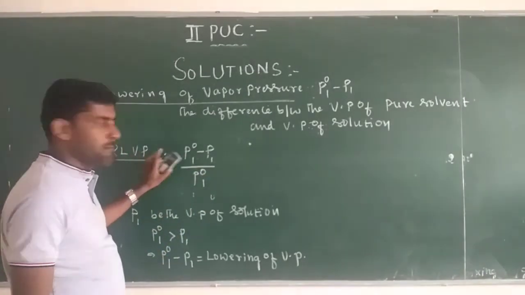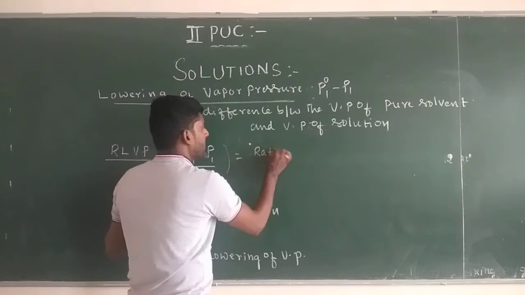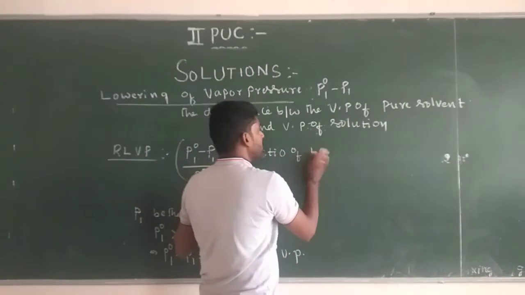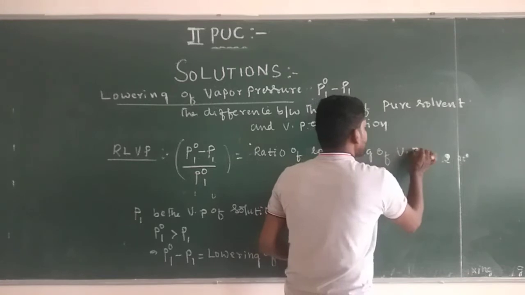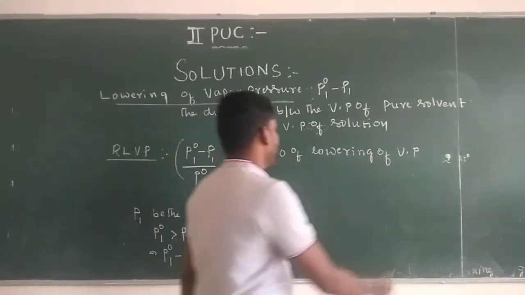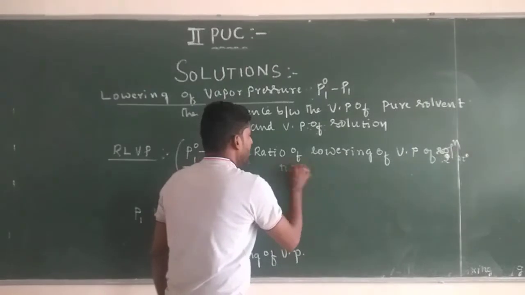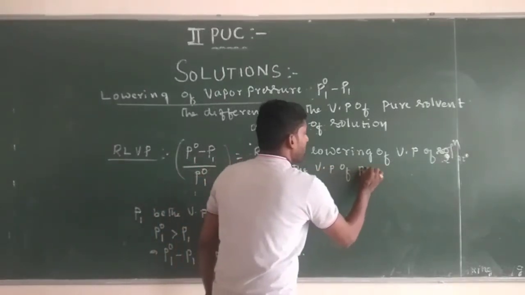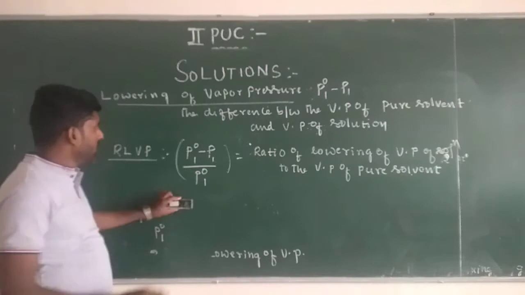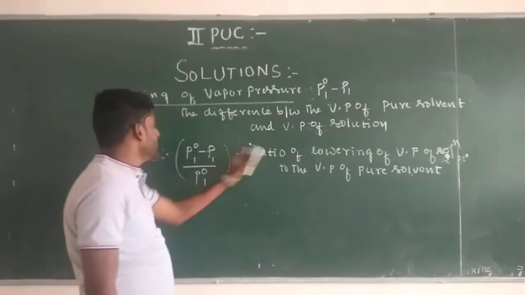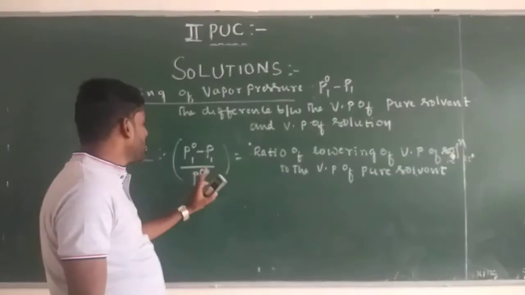Relative lowering of vapor pressure, RLVP, is nothing but the ratio of lowering of vapor pressure of solution to the vapor pressure of pure solvent.